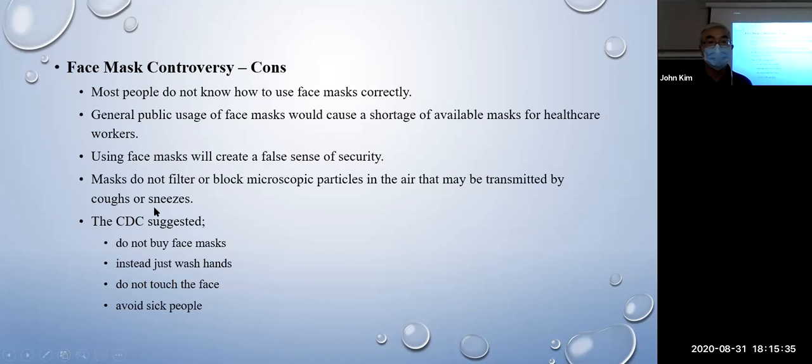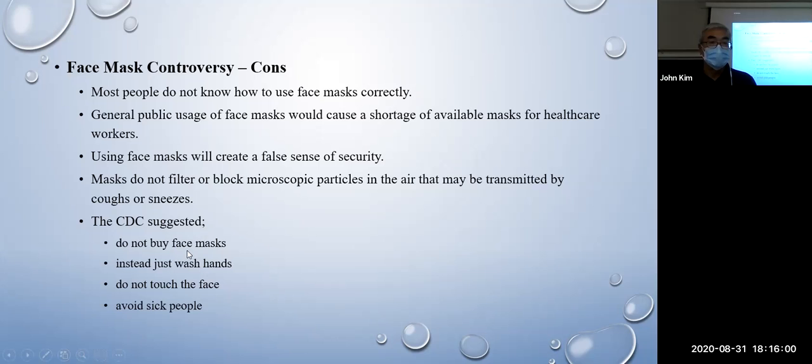And then experts said face masks or covers do not filter or block microscopic particles because the coronavirus is very tiny. So even if we wear the face mask, it can go through.